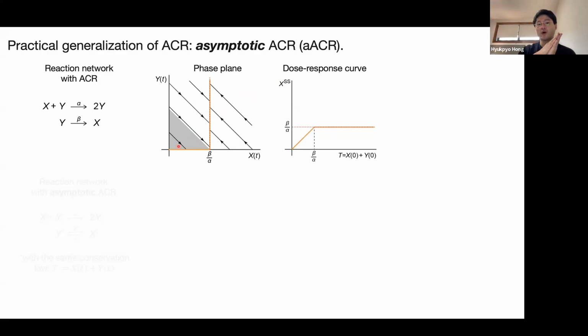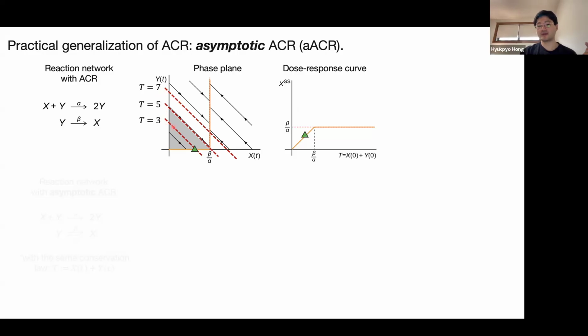Because we have one conserved quantity and the steady state is given by a function of the conserved quantity and parameters, but in this case the rate constants, parameters alpha and beta, are fixed, I'm going to draw the dose response curve as a function of the conserved quantity. We have three different levels of conserved quantity, 3, 5, 7, for example.